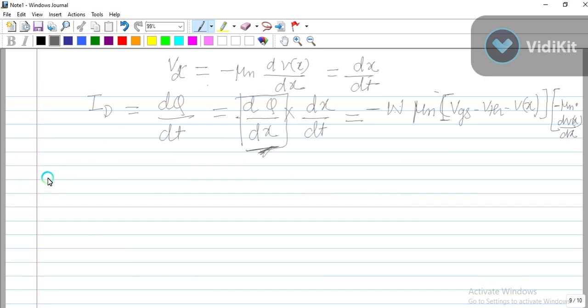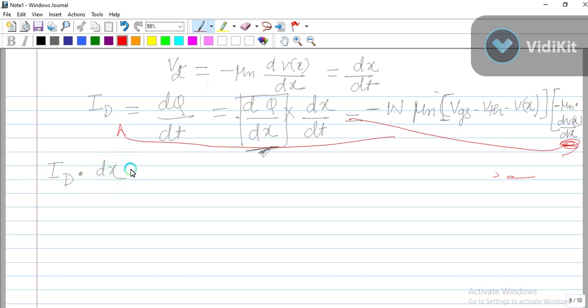So now Id dx, this dx we can take to the other side, and it will be equal to minus, and minus times minus will become plus.